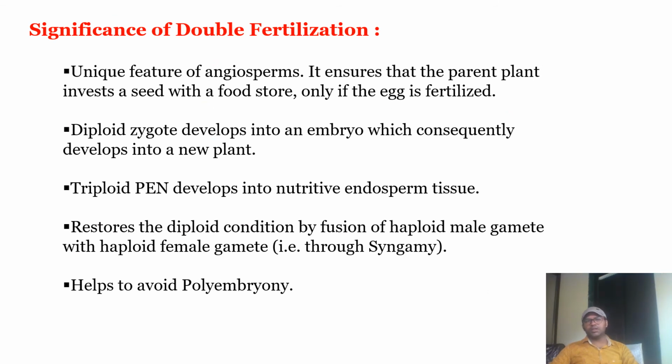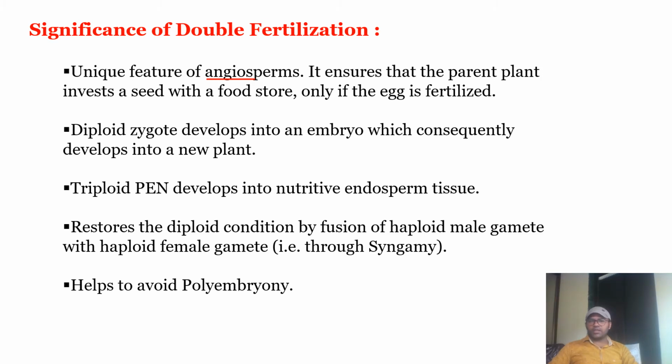So let us see the significance of double fertilization. It is a unique feature of angiosperms, as I already told you. It ensures the parent plant invests a seed with a food store. The food is required within the seed for nourishment. That's why, due to double fertilization, the food is stored.